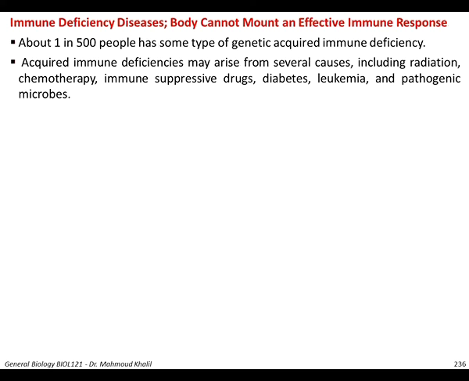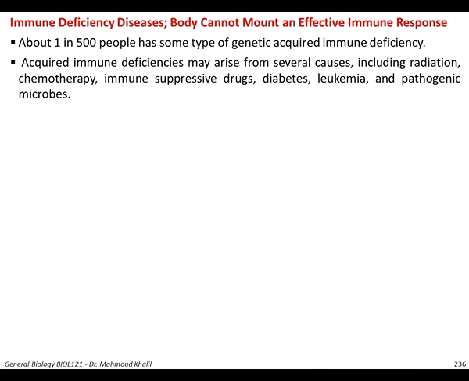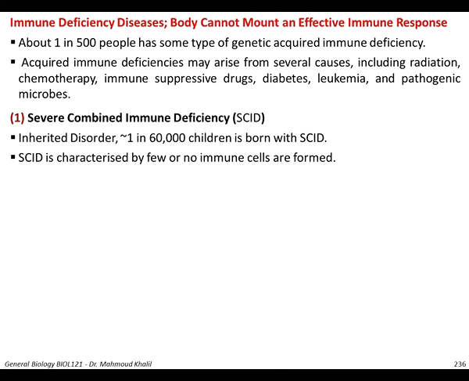As well, there are immunodeficiency diseases in which the body cannot mount an effective immune response. About 1 in 500 people has some type of genetic or acquired immunodeficiency. Acquired immunodeficiency may arise from several causes, including radiation, chemotherapy, immune suppressive drugs, diabetes, leukemia, and pathogenic microbes.